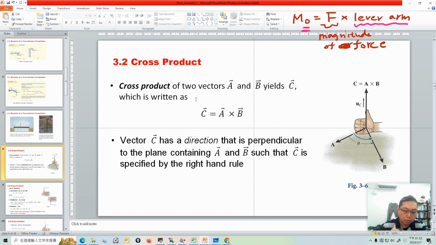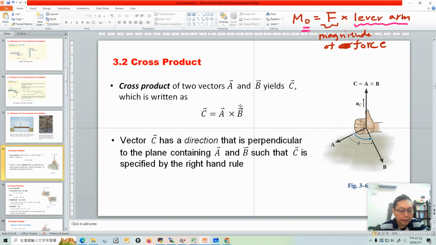Actually, there is another product called the dot product, where two vectors multiplied together become a scalar. But here we just show the cross product, where two vectors multiplied together become a new vector.